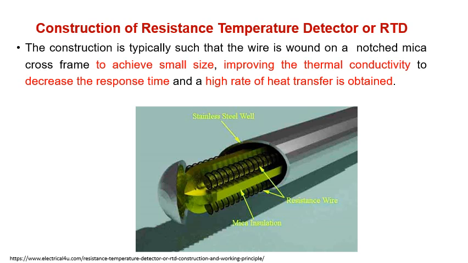For the construction of the RTD, it's made by different technologies. One of them is a wire made of a certain material, which is platinum most of the time, wound on a mica and protected by stainless steel.